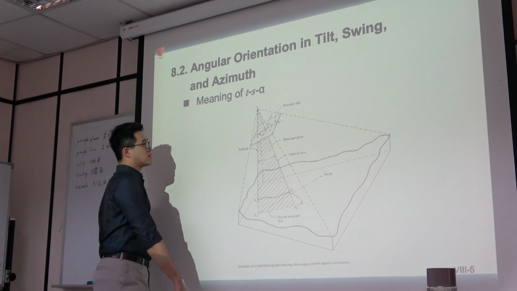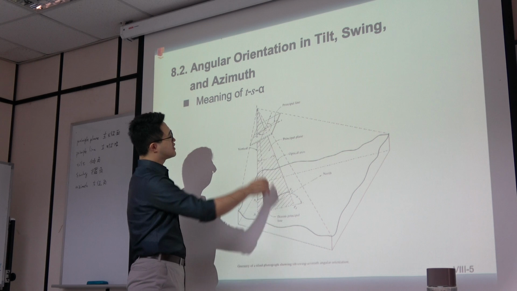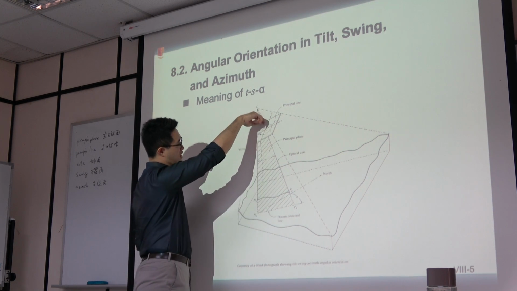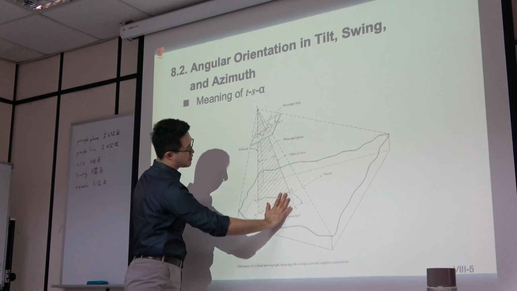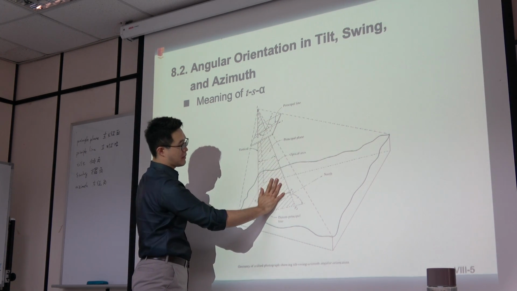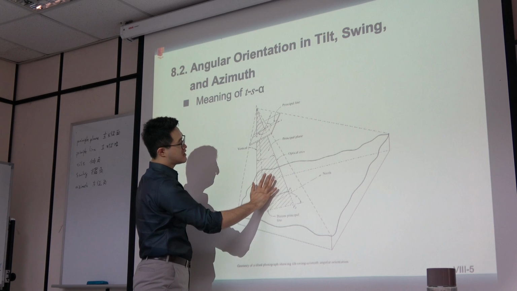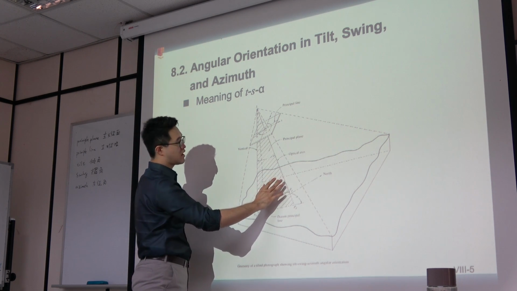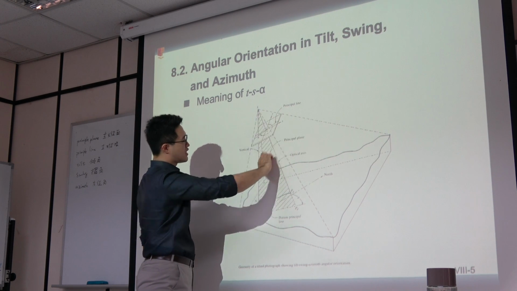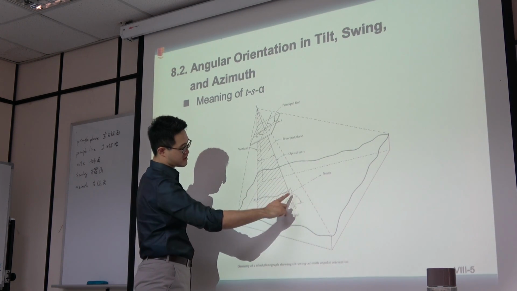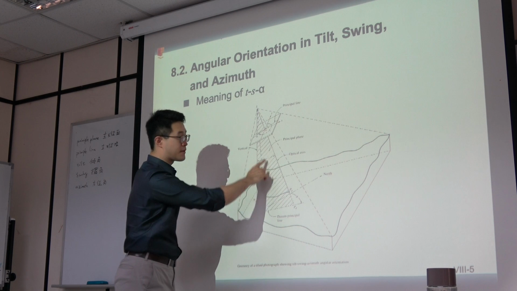Okay. And then as you can see, this vertical line and also your camera axis and also your perspective center can form one certain plane, right? This plane has a specific term, which is called the principal plane. Basically this indicated area over here.